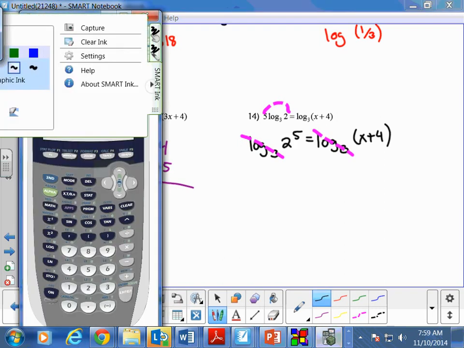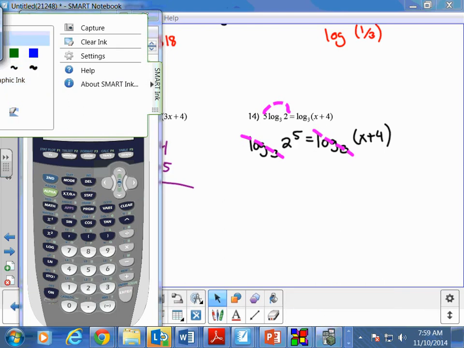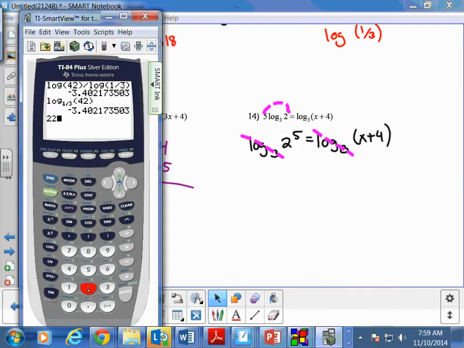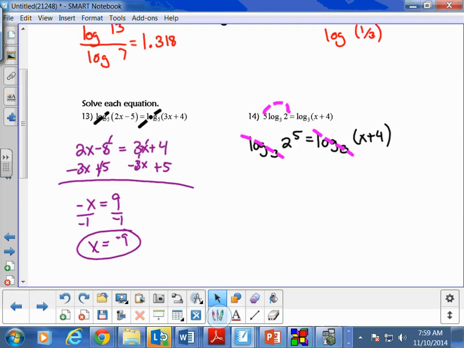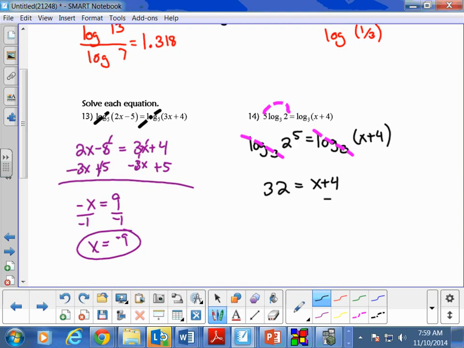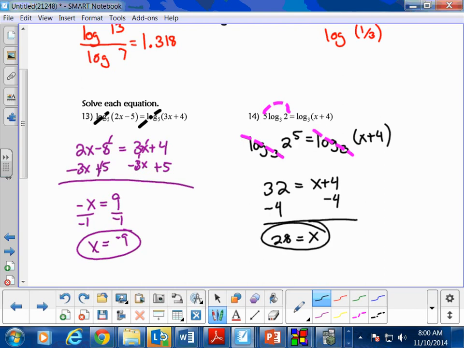That is equal to x plus 4. Subtract 4 from both sides, and you end up with 28 is equal to x. There's your answer for this one.